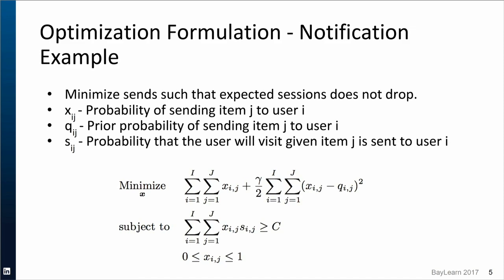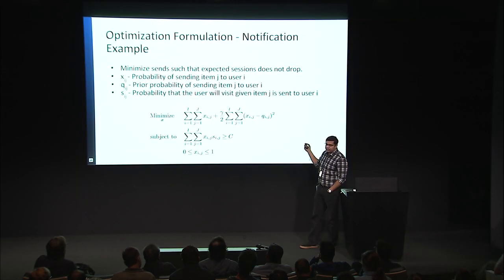Now this threshold can be given by the product or can be appropriately judged from problem to problem. And the last factor basically accounts for the fact that Xij is a probability. So if you solve this problem, then we will get Xij, which will basically tell us to send this notification to user i or send this email to user i, but do not send the other. So far, this problem is basically a QP. So we see that it's a quadratic objective with linear constraints. So far we are good.